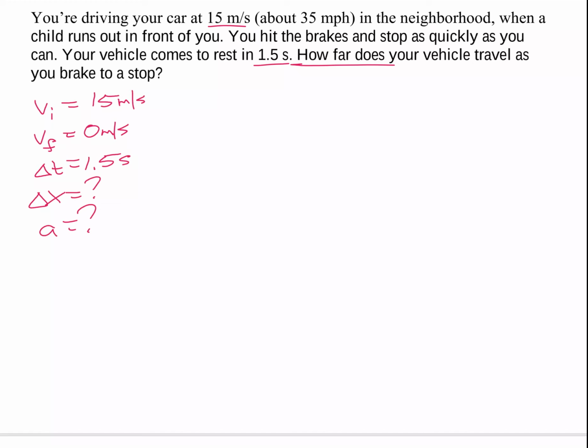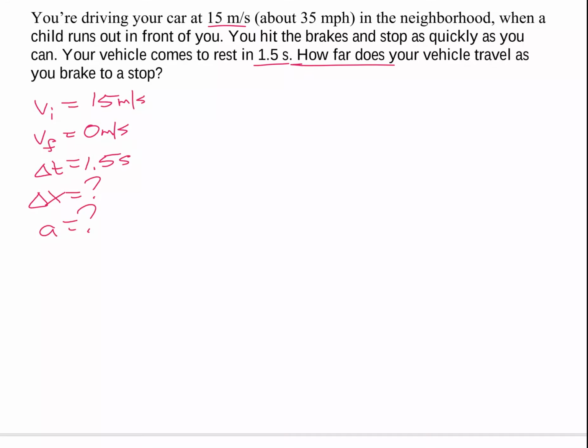If we knew our acceleration, we would easily be able to use one of our formulas that would tell us our delta x, because the formula that tells us delta x involves acceleration, all right? So how could I calculate acceleration in order to use that formula? 15 meters per second over 1.5 seconds.